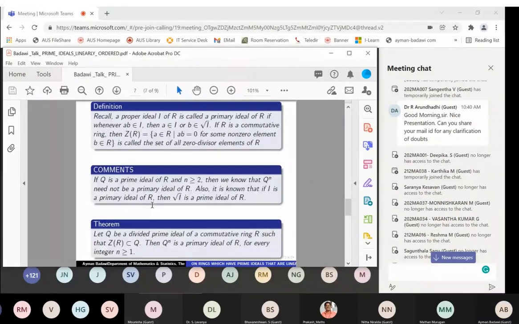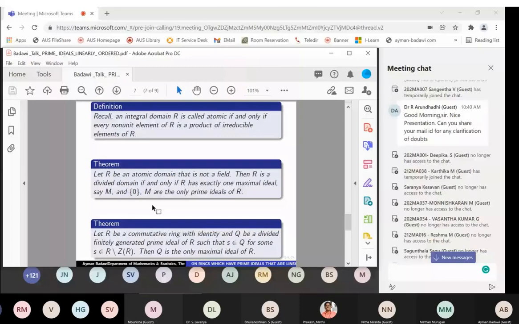This has to do with finitely generated prime ideals. Because, of course, all of us know finitely generated prime ideals need not be maximal.